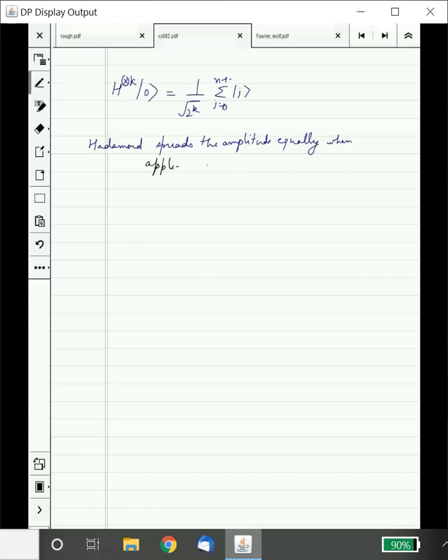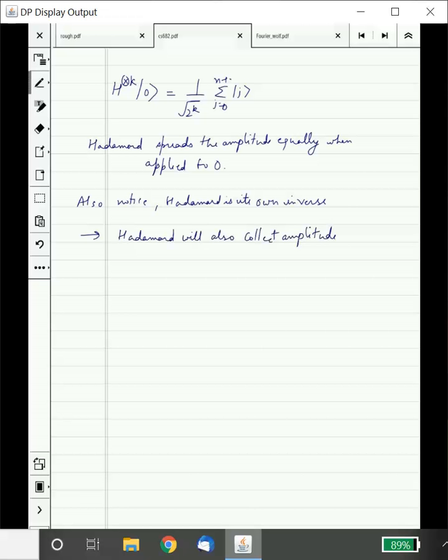Also notice Hadamard is its own inverse. And that will tell you that Hadamard will also collect amplitude on state 0.